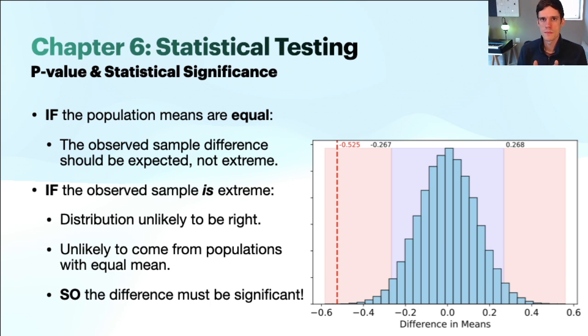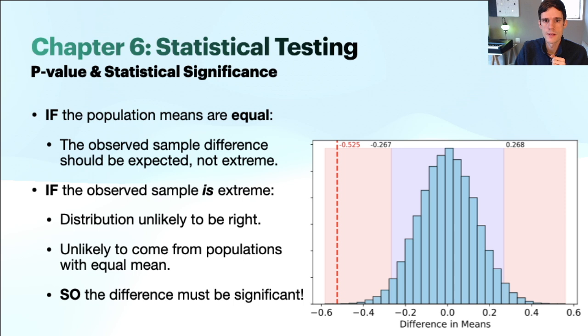So in a nutshell, the first step is that you compute your sample statistic from the samples that you are given. Then you compare this value of your sample statistic to a distribution that is true under the null hypothesis, meaning that there is nothing going on with the underlying populations. Now, if your value lies within the bulk of this distribution, then there is indeed nothing going on with the underlying populations.